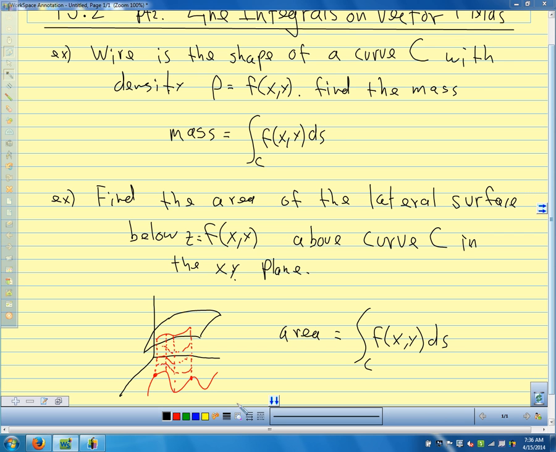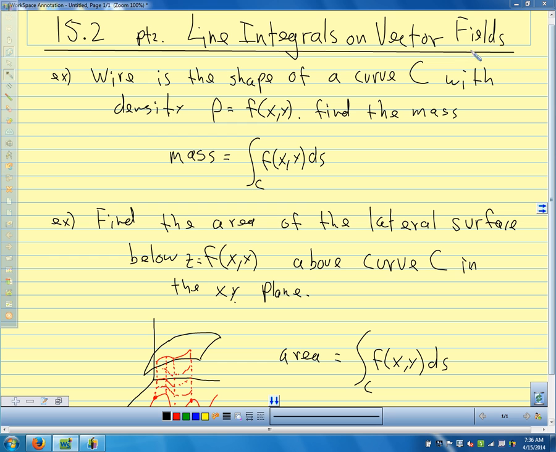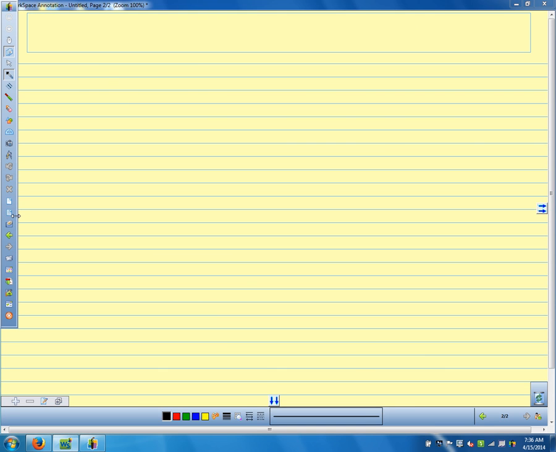All right, now let's talk about evaluating line integrals on vector fields. In first semester, we did a little bit of calculation. We found the work done by a variable force, and we said that work equals the force, and we take the dot product with the displacement vector.